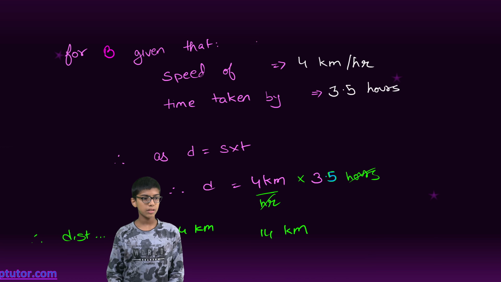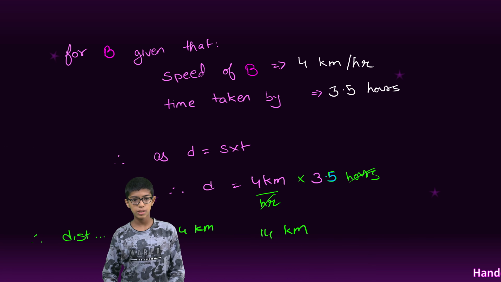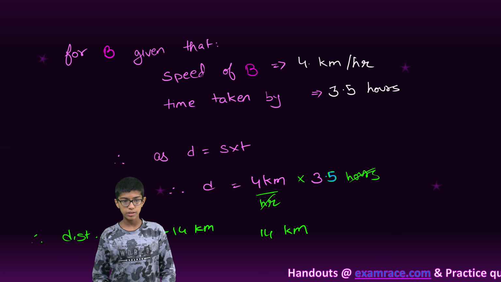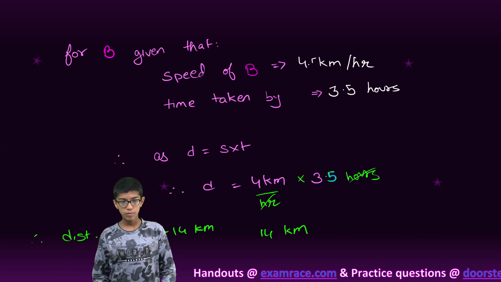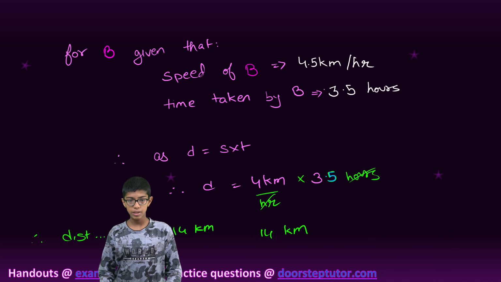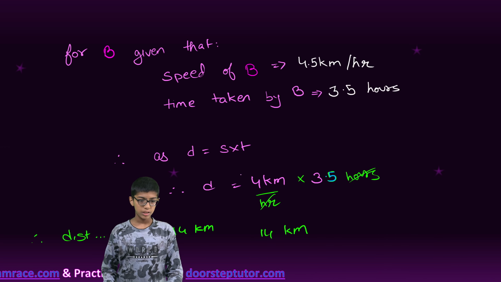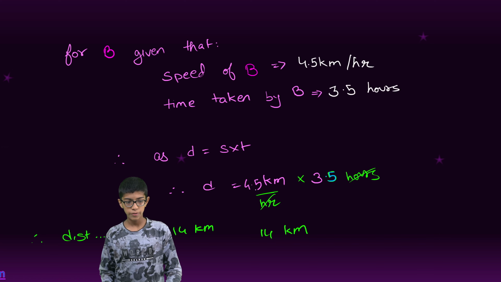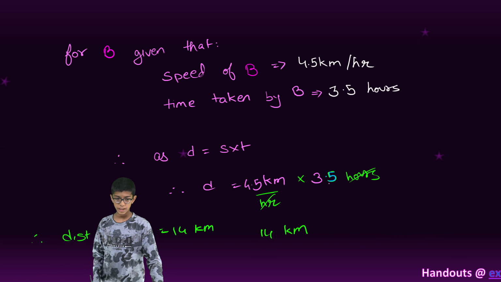For B, given that speed of B equals 4 kilometers per hour, sorry, it is 4.5 in this case, 4.5 kilometers per hour, and time taken by B is the same, 3.5 hours. Distance equals speed into time, so here instead of 4 we have 4.5 kilometers into 3.5 hours.